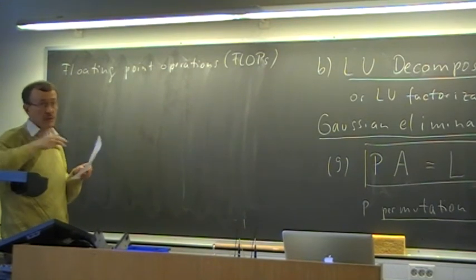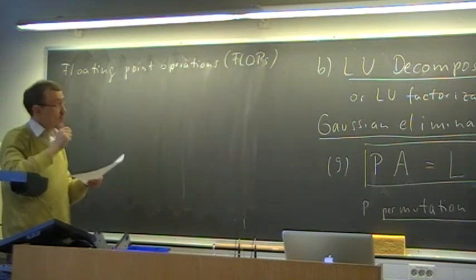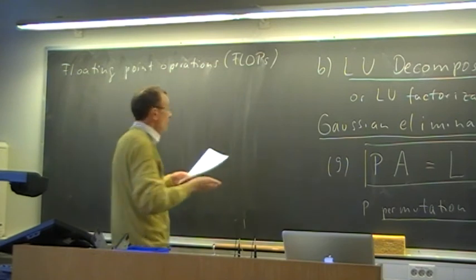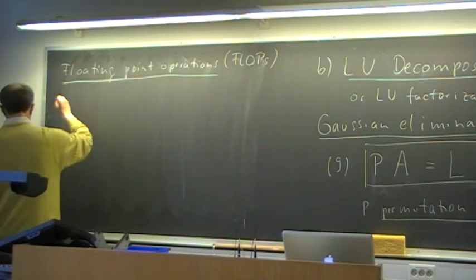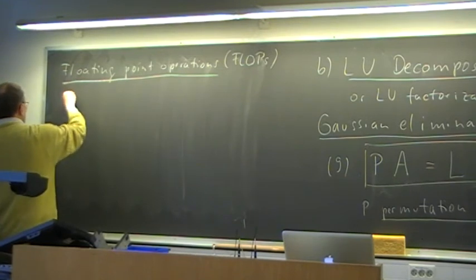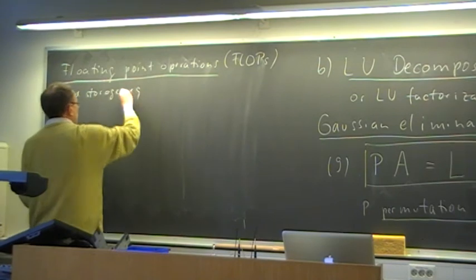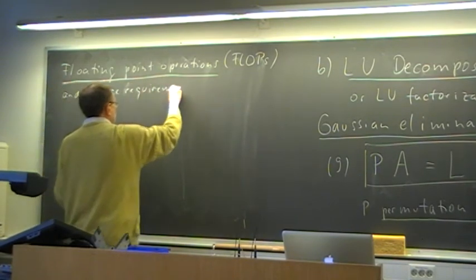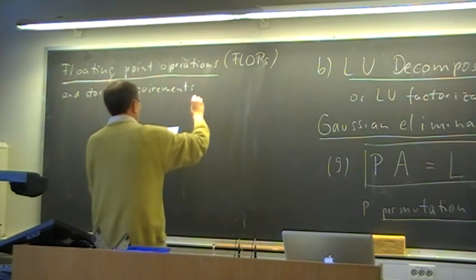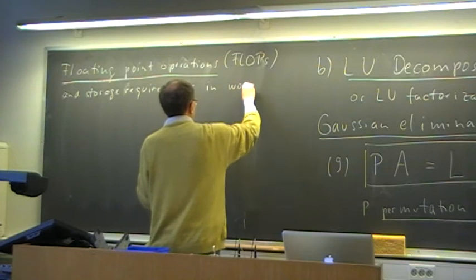That is something different, say the performance of the computer. Here we just count the number of floating point operations, and we look at the storage requirement. That we do in words, computer words.